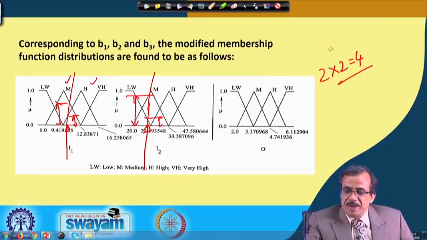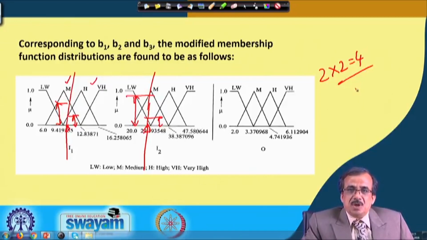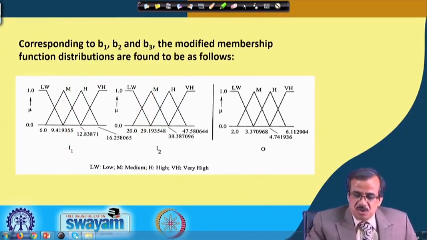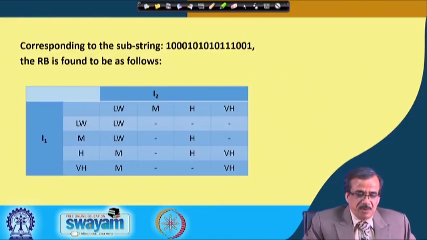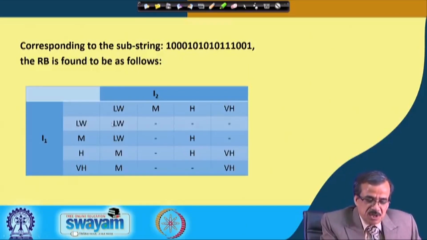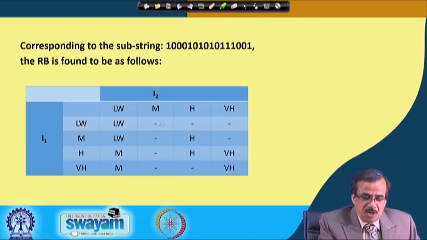Now, out of these maximum possibilities, we will have to check which of the rules are present. To check it, we will have to come here and find out which 1 or which 2 or which 3 or which 4 of these fired rules are present.